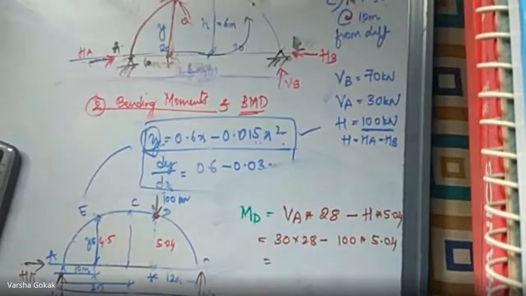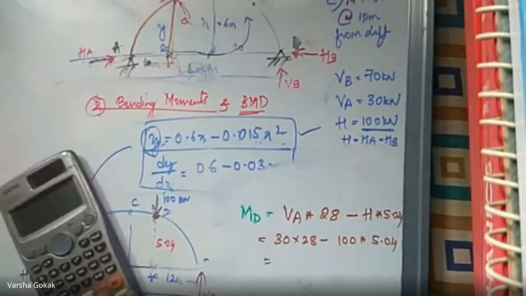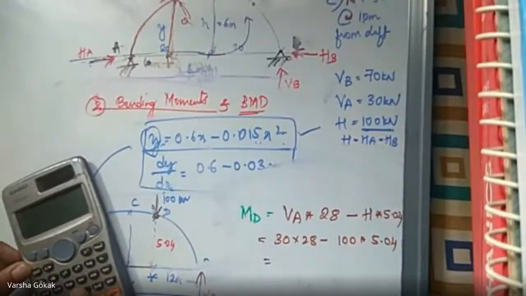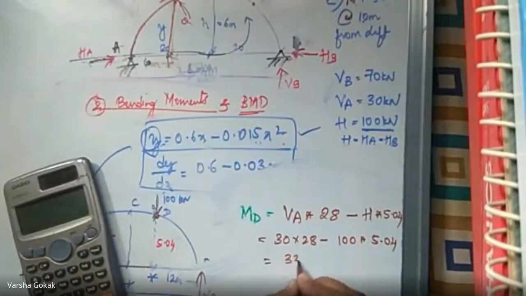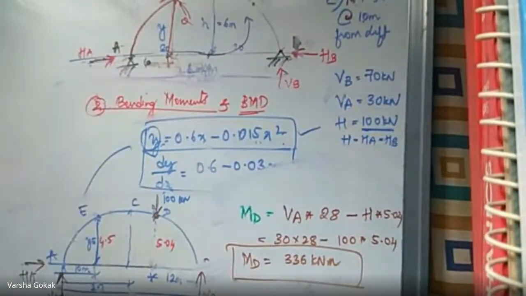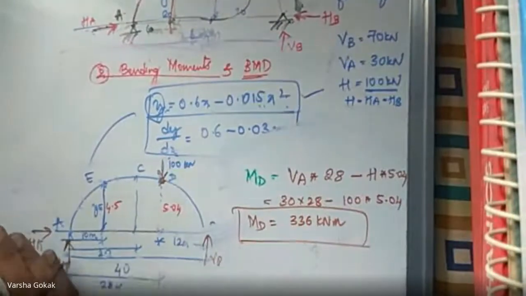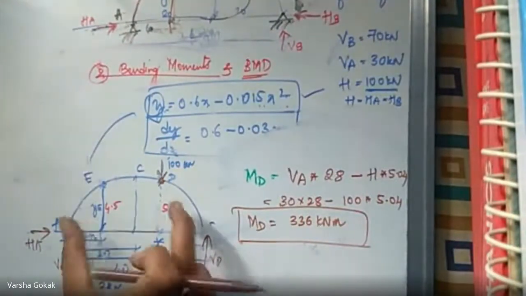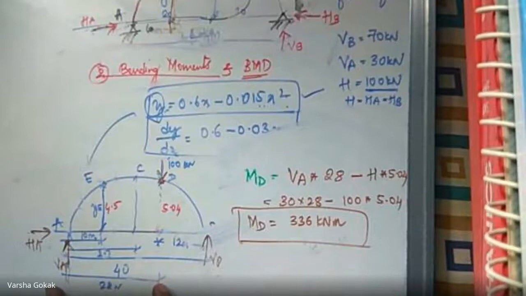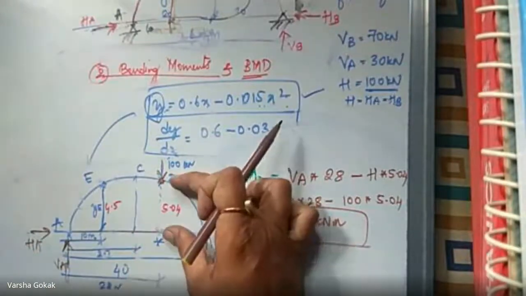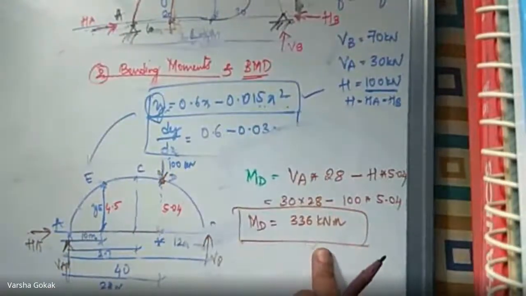What is this value? 30 into 28, 336. 100 into 5.04. Yes, it is 336 kilonewton meter moment at D. What I did, I wanted moment here. Any one side of the section we always take moment. VA into this distance is 28 and HA into this distance, that is 5.04. We got the moment at D.